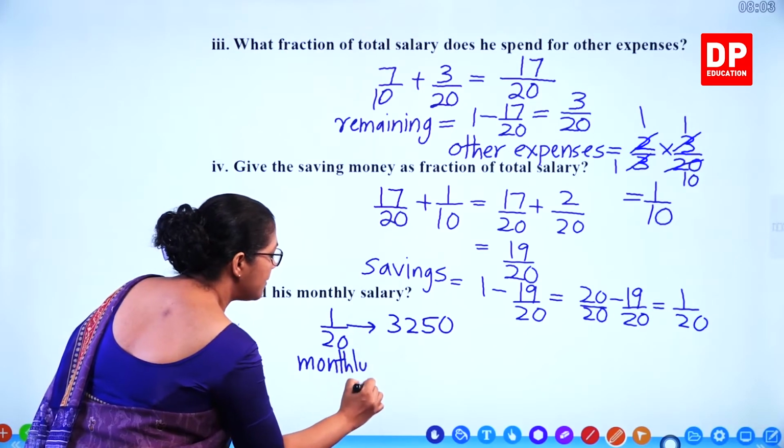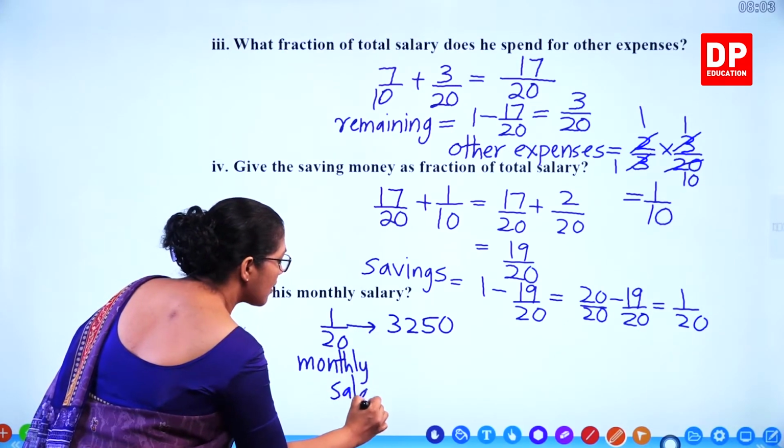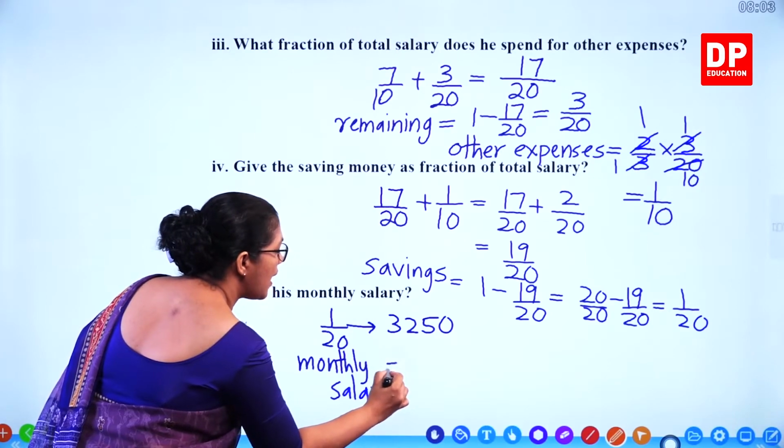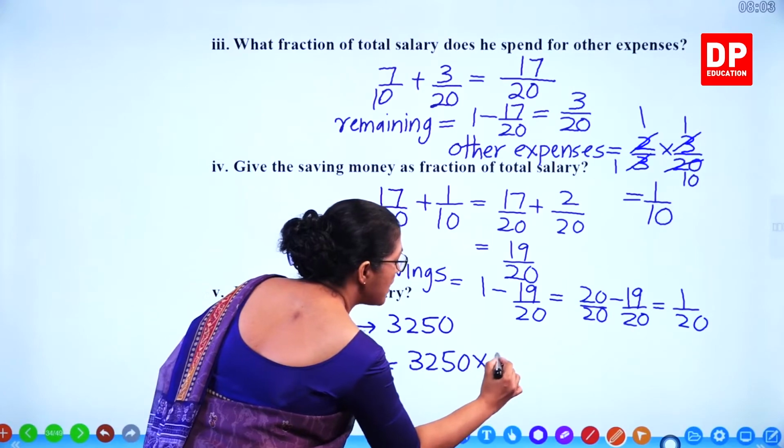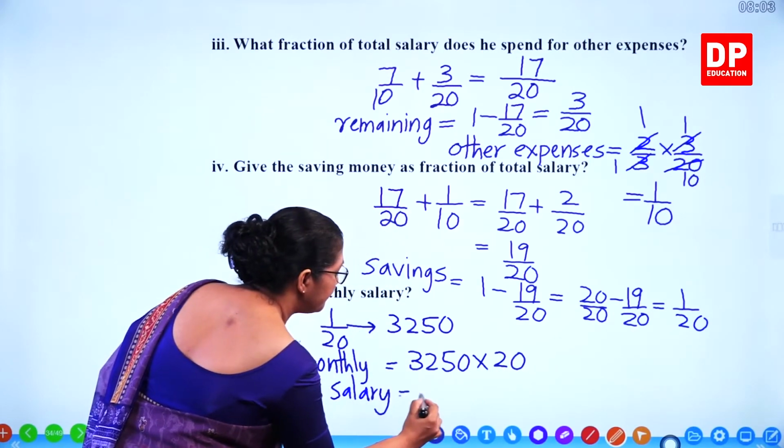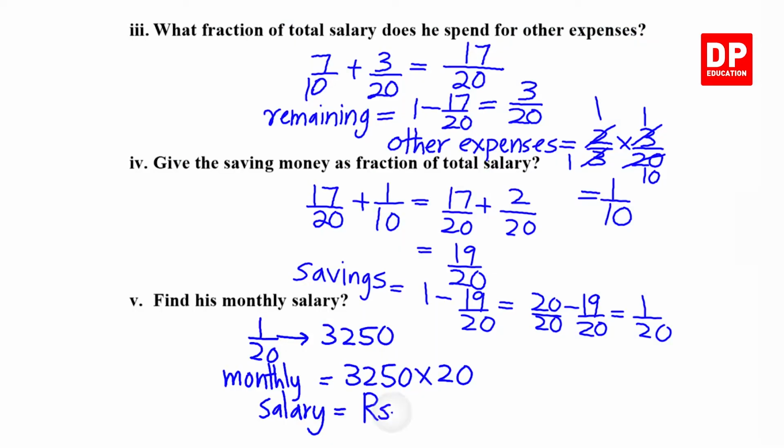Monthly salary, you need to multiply this by 20. 3,250 multiplied by 20. What's the amount? 65,000 rupees is his salary.